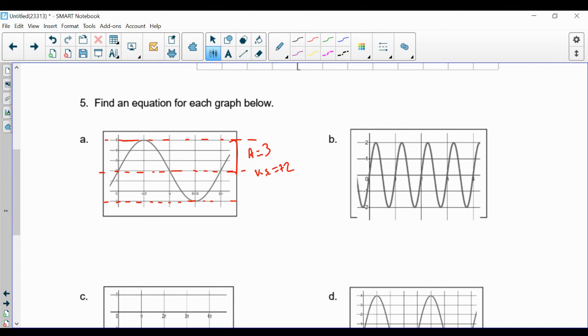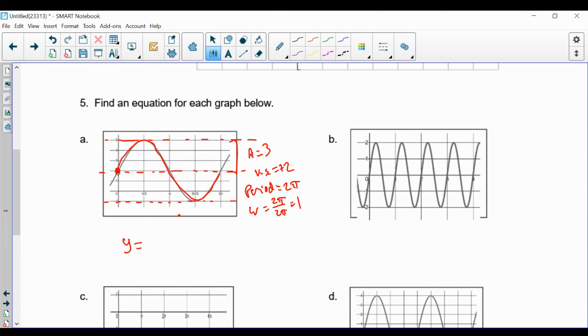Okay, and then I look and I see my period is 2 pi. So then that would mean my W, which is what I actually put in the equation, would be 2 pi over 2 pi, which is just 1. And then I have everything I need, except I now need to make sure it's either a sine versus cosine.